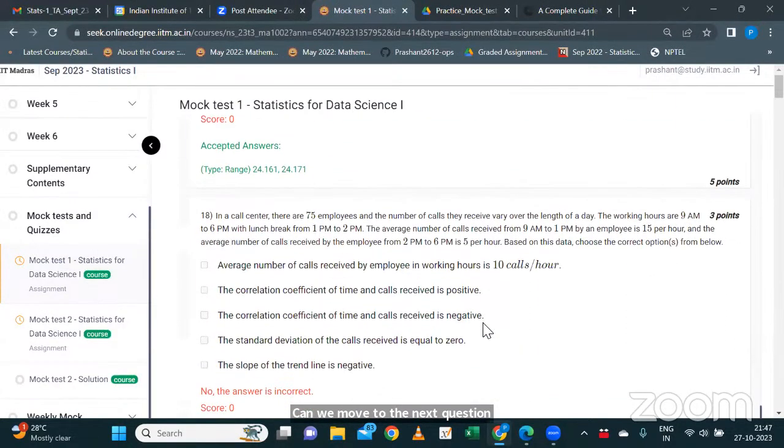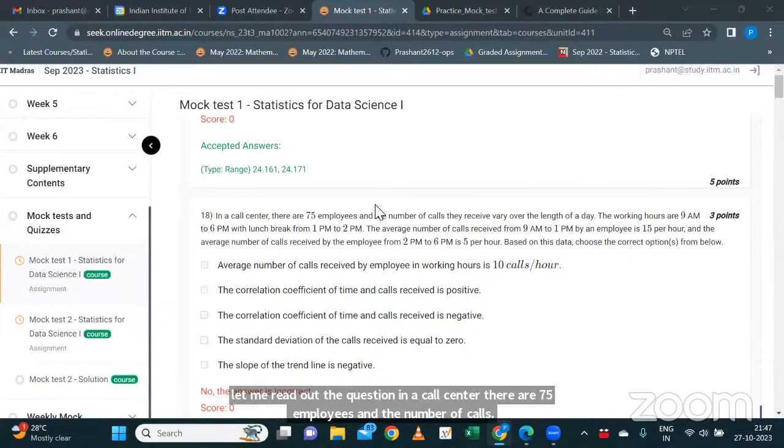Yes, sir. So the next question says: in a call center there are 75 employees and the number of calls they receive vary over the length of a day.